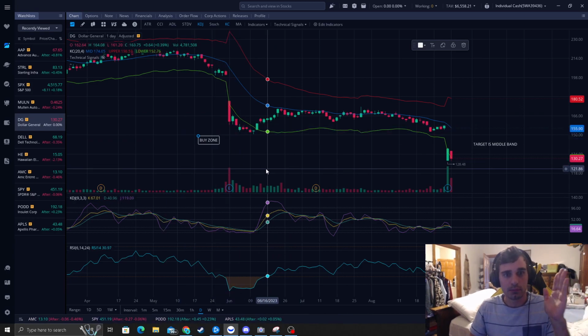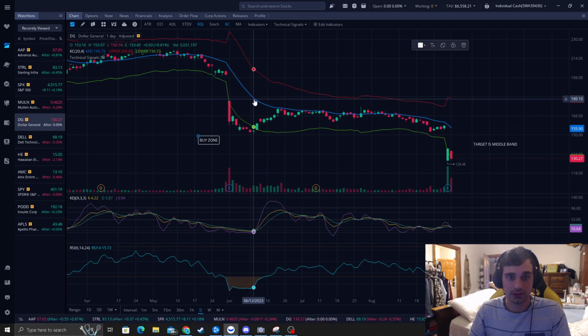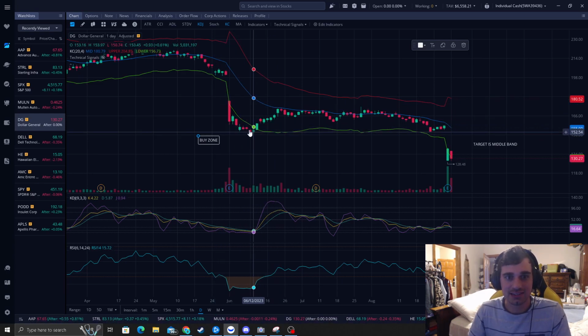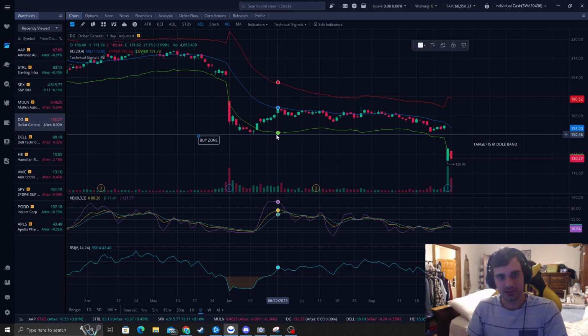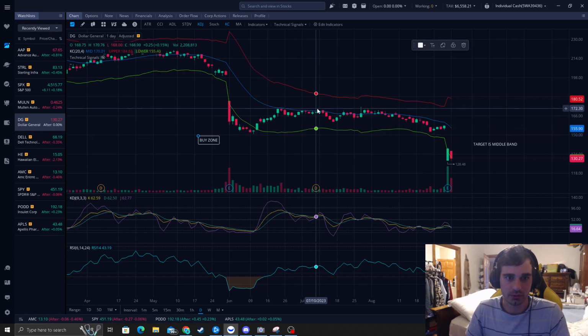And remember, price always reverts to the mean. Here is your blue band. I would never panic and sell when the price is under my bands here. If I see a little red, I don't care. Do not look at the P&L. Look at where the price could go.